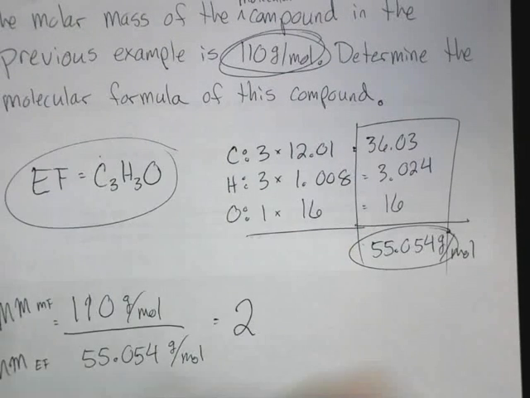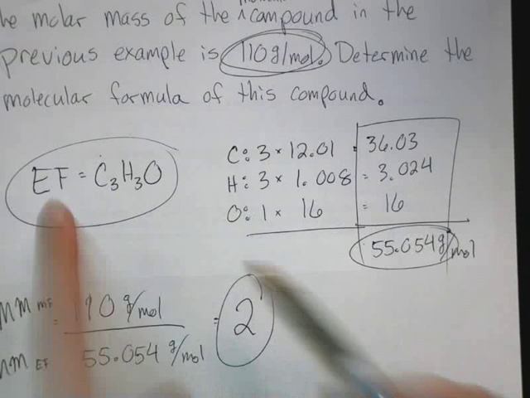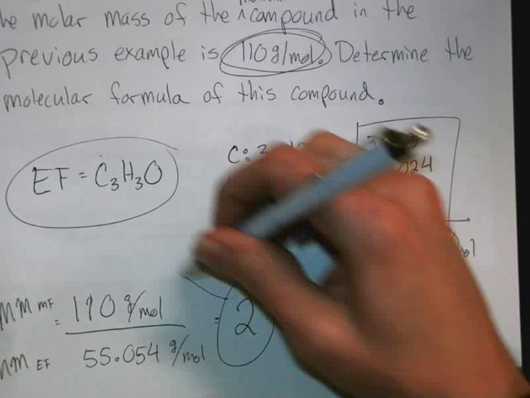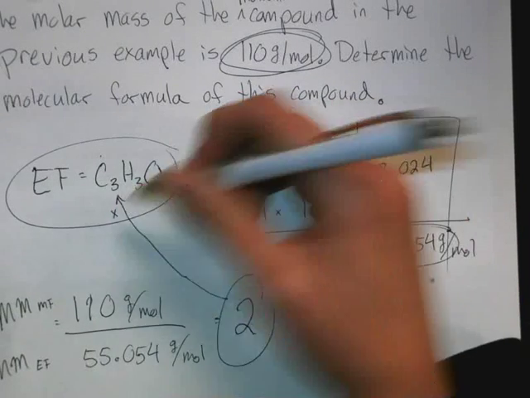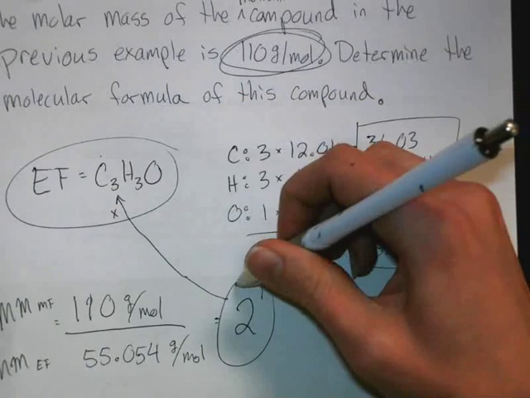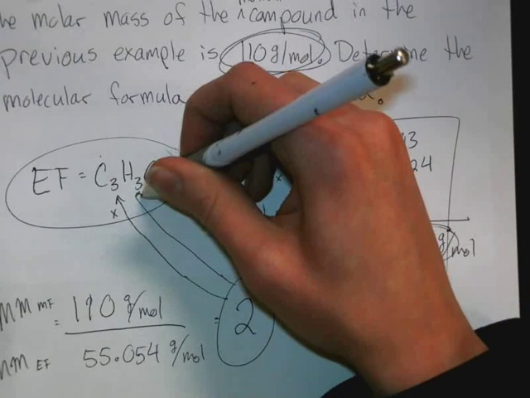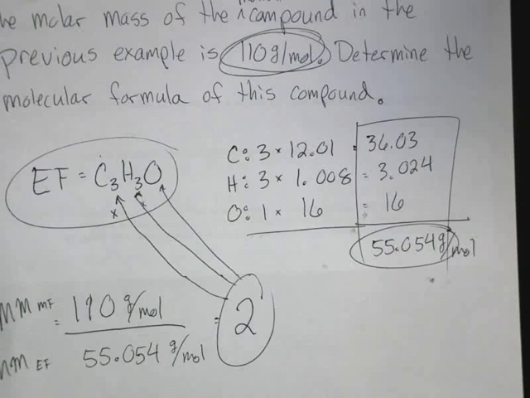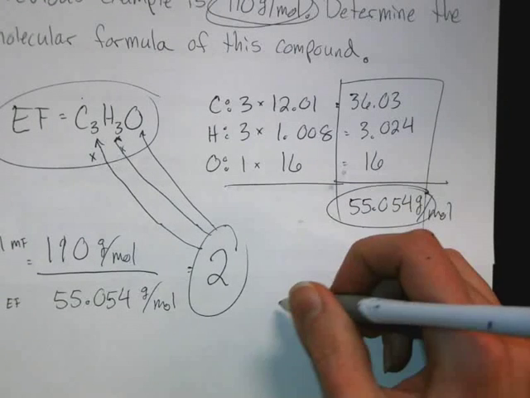So here's my empirical formula. This is my multiplier. To apply this to my subscripts, I'm going to multiply them. So I'm going to take my 2 times that 3. Then I'm going to take this 2 times that 3. Then I'm going to take my 2 times the 1 of my oxygen.